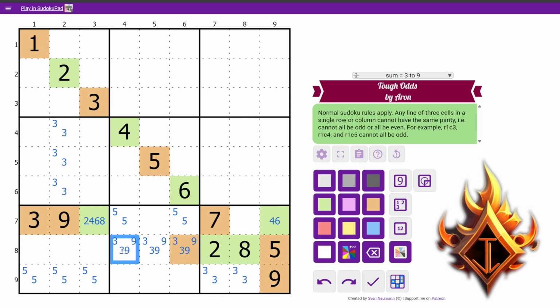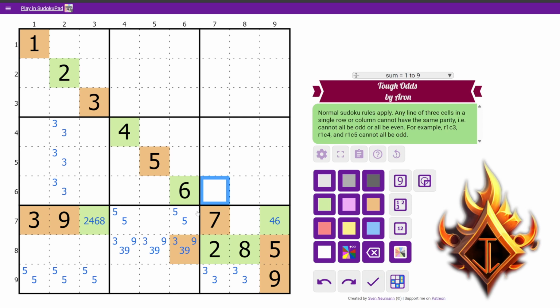Now this one here could only be a 6 because it's seen 2, 4, and 8. So if that is even, it's a 6. But if this is even, it can be a 4 or a 6. There's one more even to go in this little section.